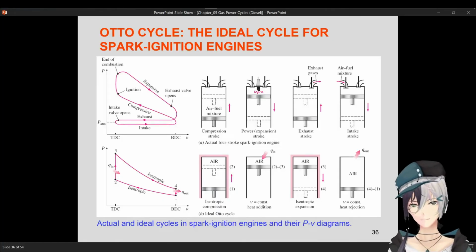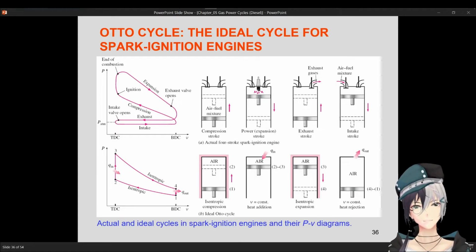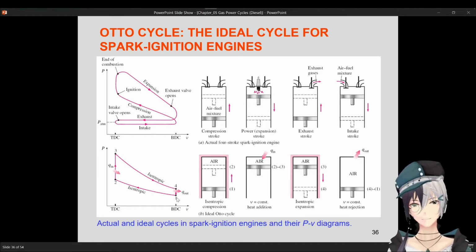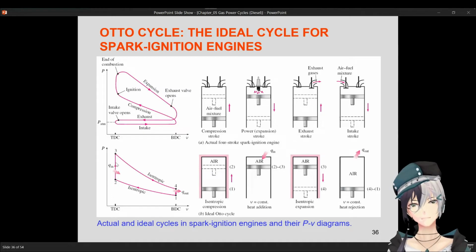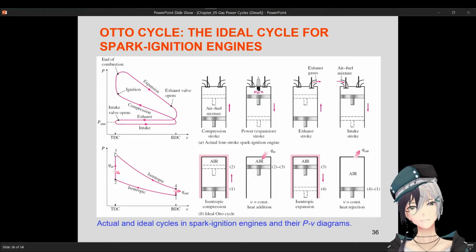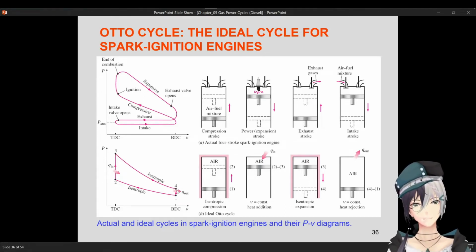So going back with our code, S, V, S, V. S is constant entropy. From 2 to 3, constant volume. So this is P, then V, and we have a vertical line. Then 3 to 4, isentropic, constant entropy.